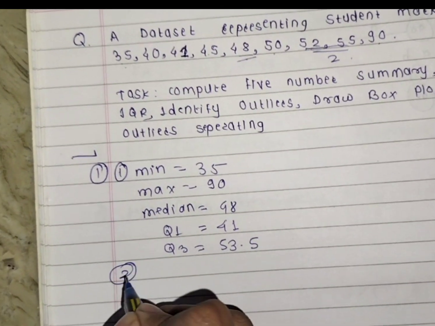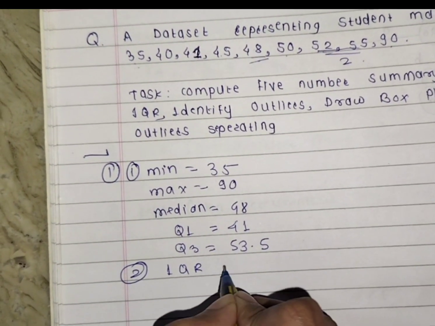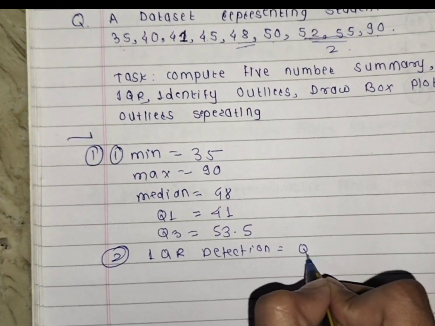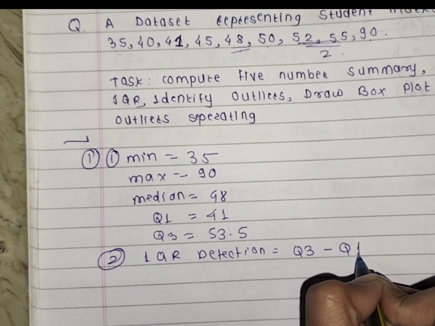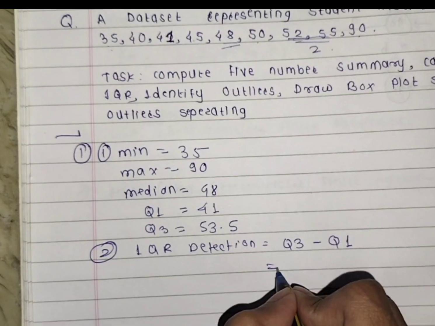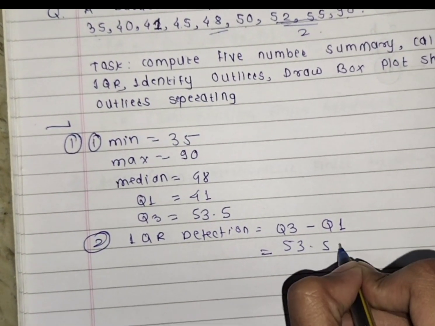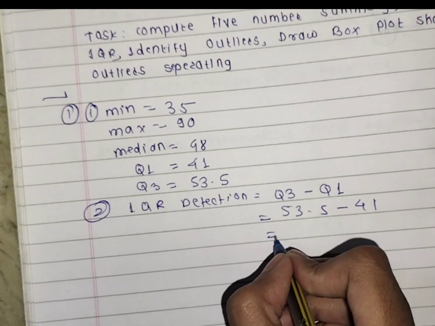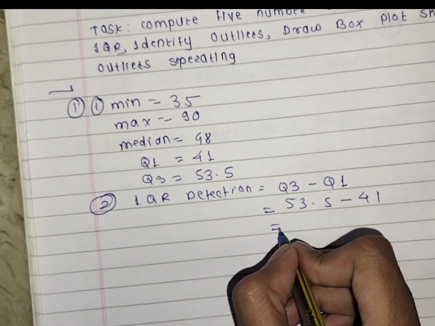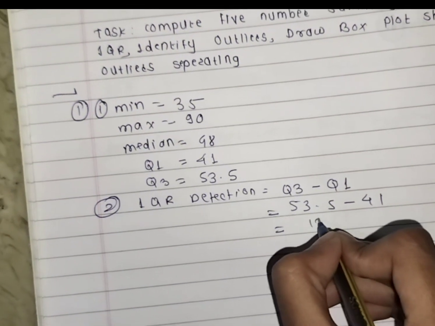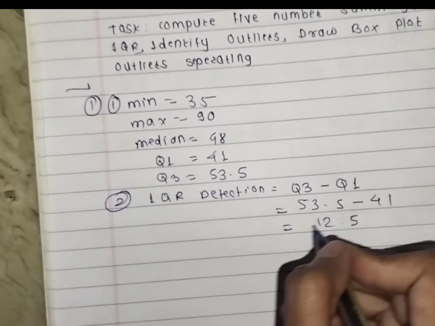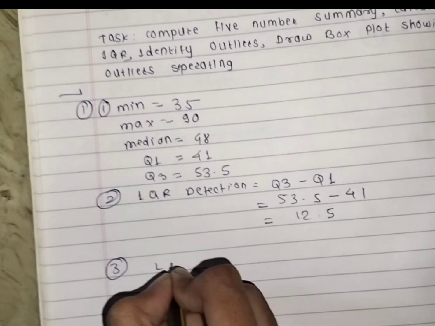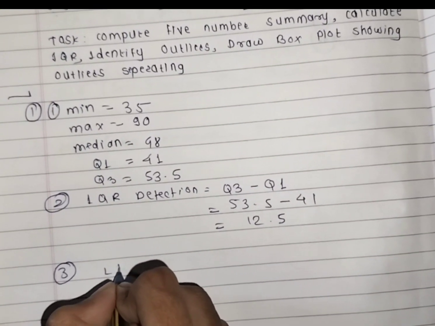Now the next step is to find the IQR. For that we will do Q3 minus Q1. So we have Q3, 53.5, minus 41. So we will get the answer as 12.5. Now we are moving to the third step. We have to find the lower bound.